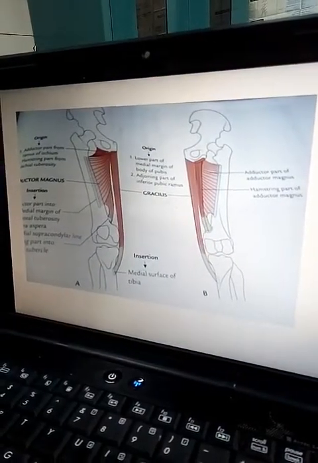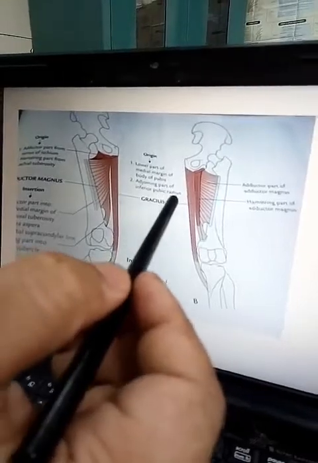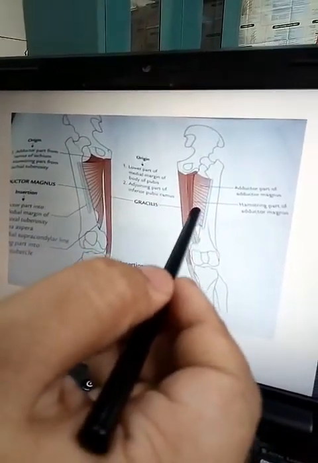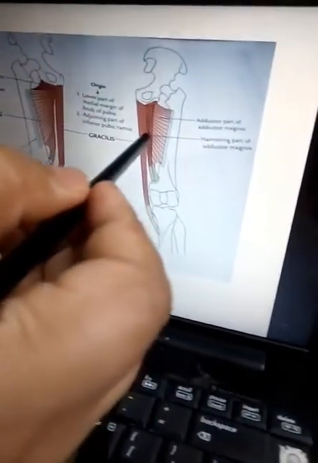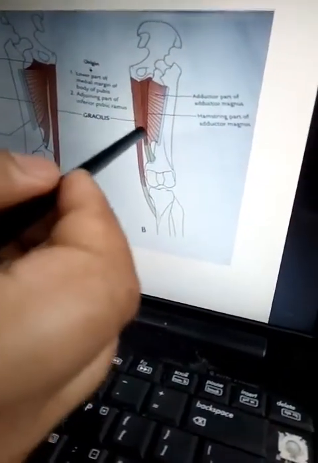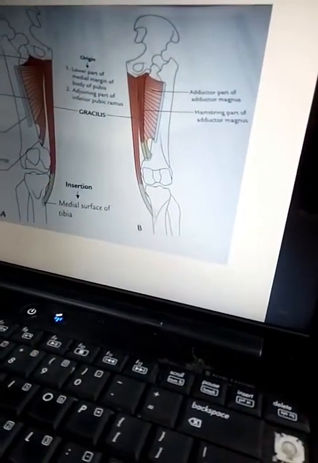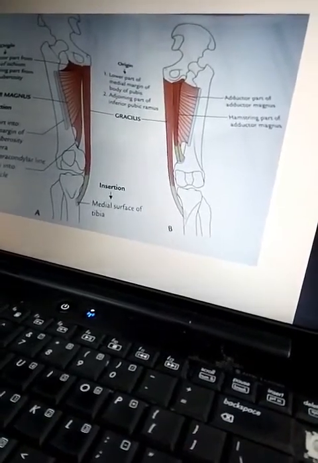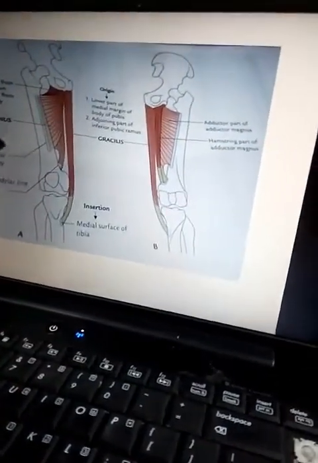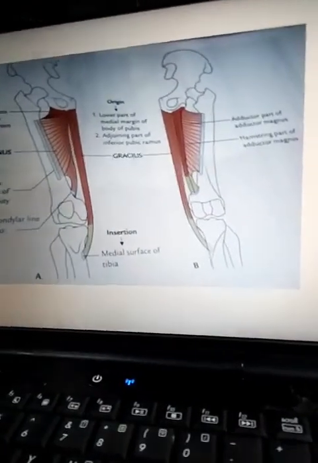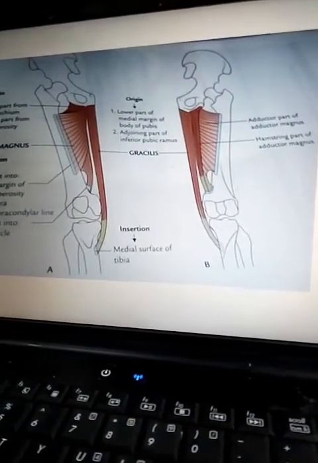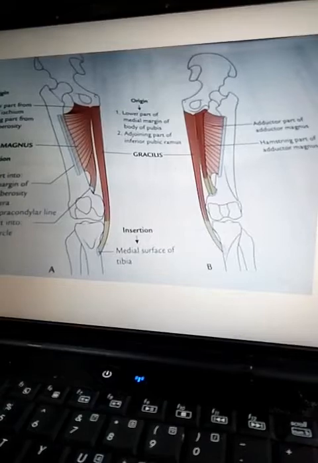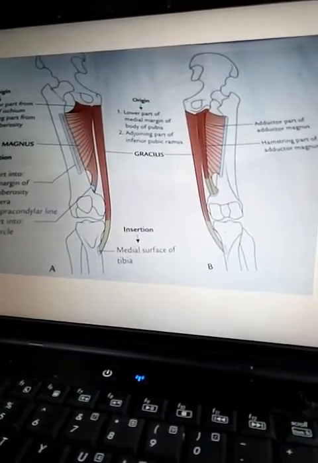Now nerve supply, the adductor part is supplied by the posterior division of the obturator nerve, while the hamstring part is supplied by the tibial part of the sciatic nerve. Actions, it causes adduction and medial rotation of the thigh at the hip joint, and the hamstring part is a weak extensor of the thigh at the hip joint. So it is also a hybrid muscle.